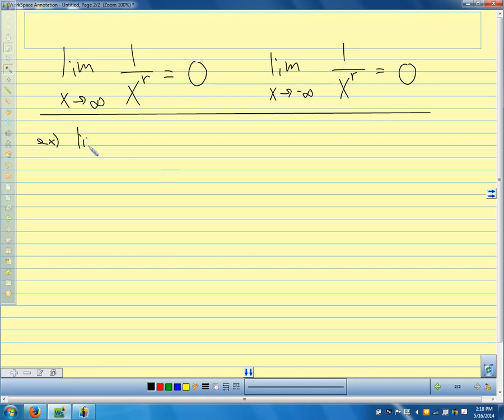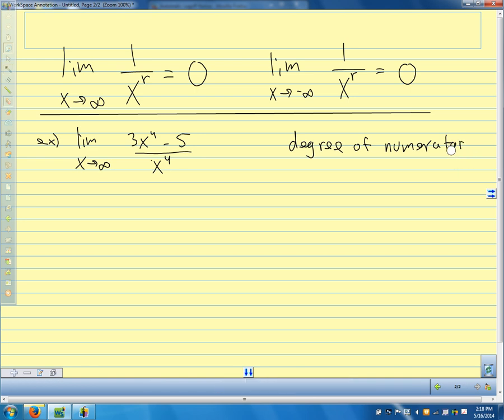So let's find the limit as x approaches infinity of 3x to the 4th minus 5 over x to the 4th. So the degree of the numerator and the degree of the denominator are the same.